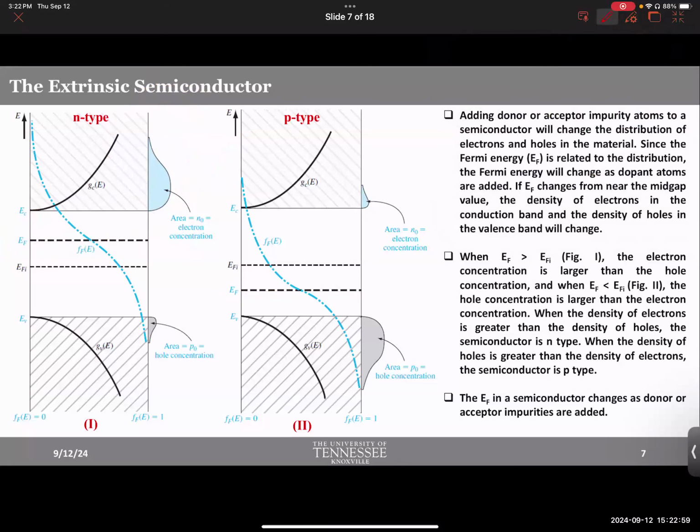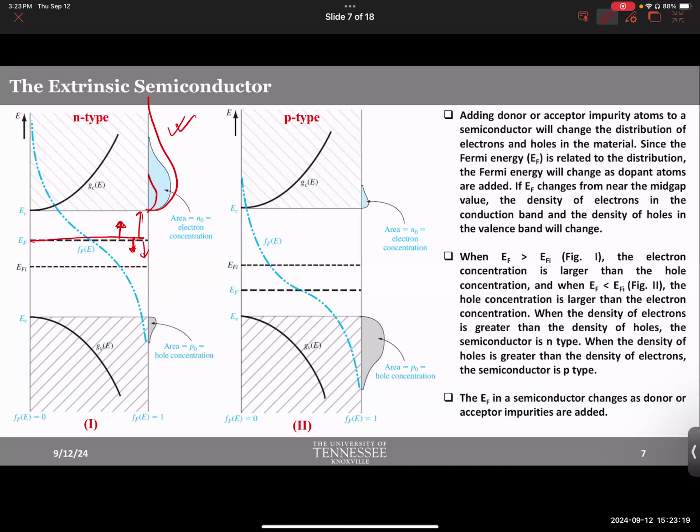This concept is powerful because all we need to do in engineering is find ways to modulate the Fermi level. Take it up, take it down, and thereby you could increase the number of electrons, reduce the number of electrons, do whatever you want. That's very powerful. That's what leads to the controllable conductivity in semiconductors.